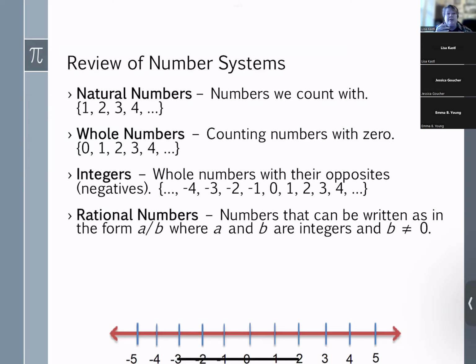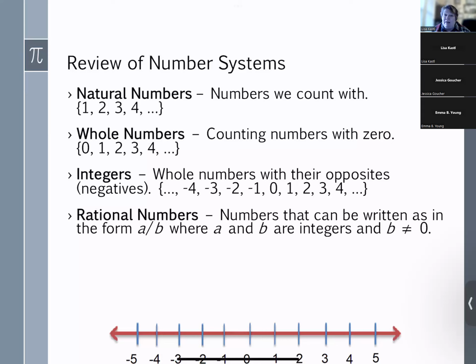If I write a ratio of two numbers where both are integers, as a fraction with a denominator that is not 0, that's the set of rational numbers. It's a ratio of integers, so we call them rational. Rational numbers are any numbers that can be written as a fraction.